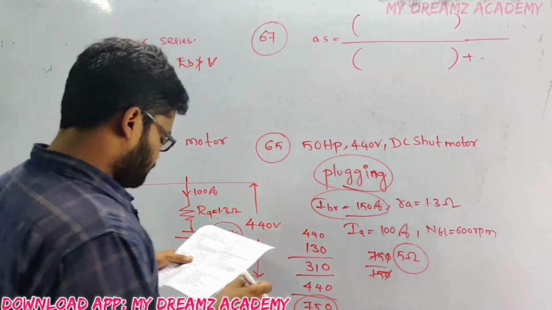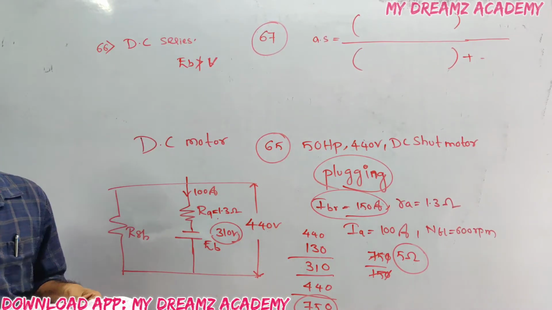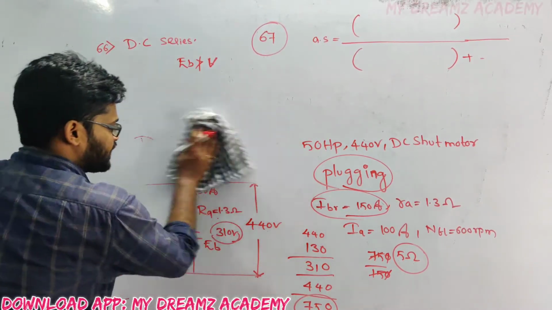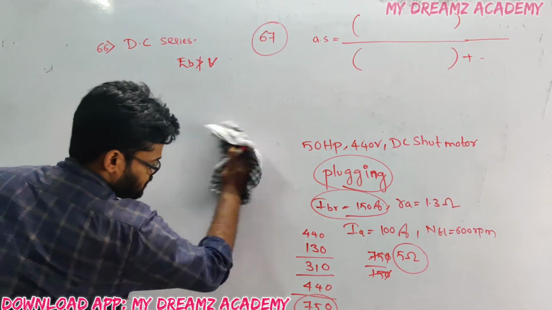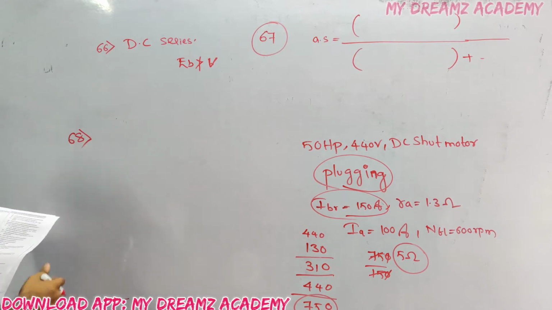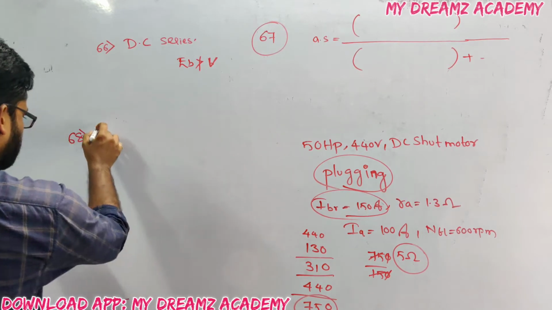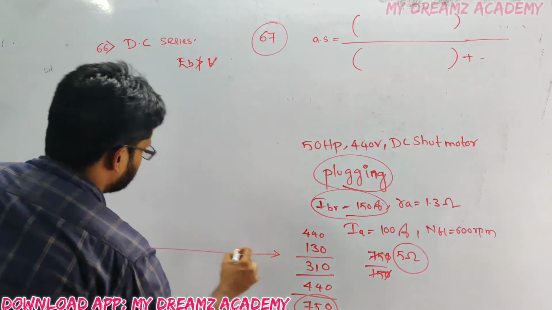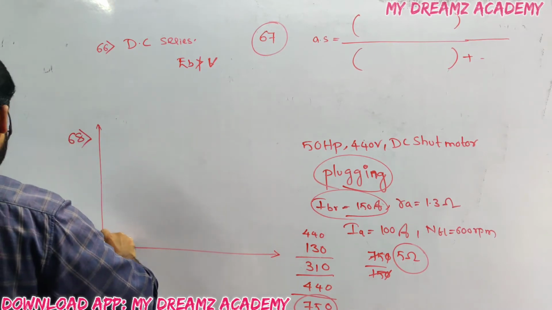Okay. Now the 68th question, this is also from traction. This is the typical speed time curve.